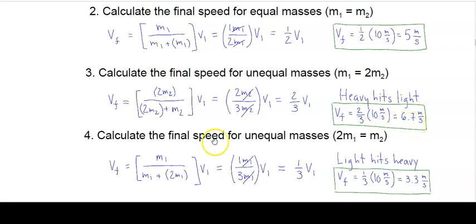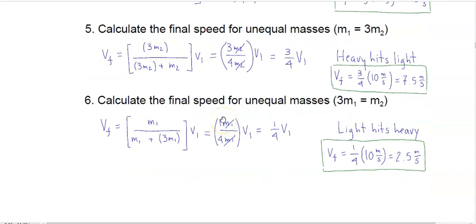However, if a light object slams into a heavier object, most often, especially if the ratio is high enough, the light object does not cause the heavy object to move very much. And in this case, we can see that very clearly just with a 2-to-1 ratio. When the light object hits the heavy object, the whole group moves away at 1/3 of the original impact speed.